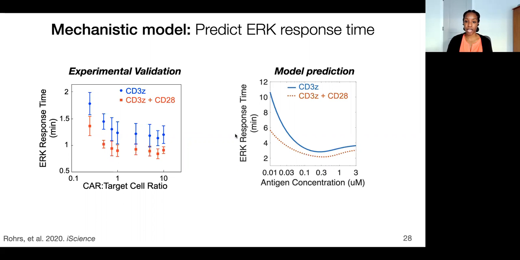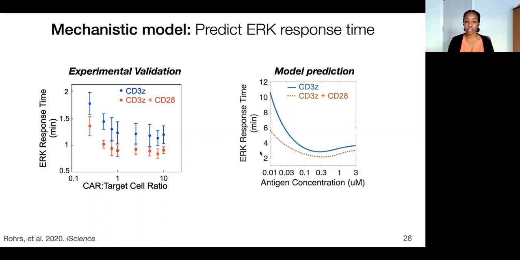We do know that the ERK response time that we predict with the model is much slower than what she measured with flow cytometry. We think that this has to do with the fact that this ODE model is not accounting for the physical interactions. So perhaps there is a physical interaction between the CAR and the target cells that we're just not able to account for with our mathematical model.